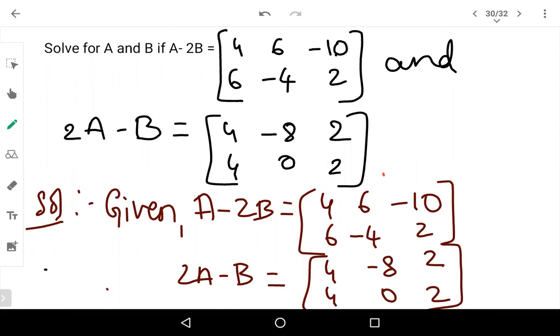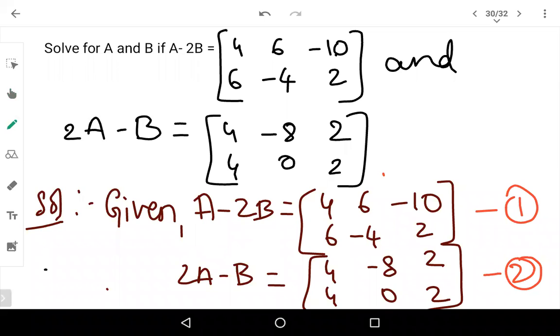Now, if I have to use the simultaneous equation elimination method, I have to make either A or B have the same coefficients. How we were multiplying for the equations before, same thing we'll be doing here. Yes, correct, Lakshmi. So I will call this equation 1 and this equation 2.